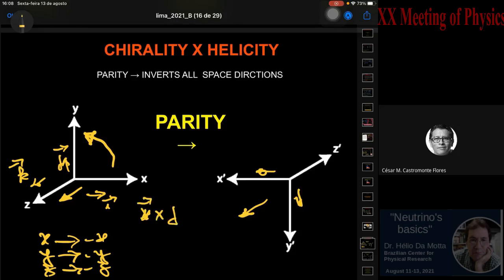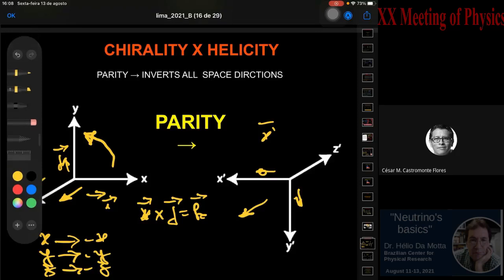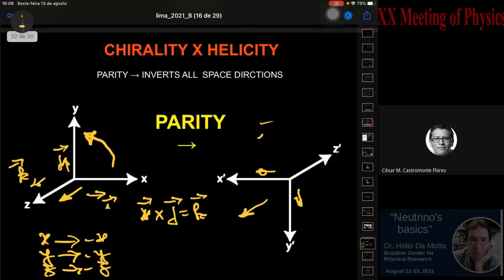But here, if I have x prime cross y prime, vector j prime, the result is minus k prime.